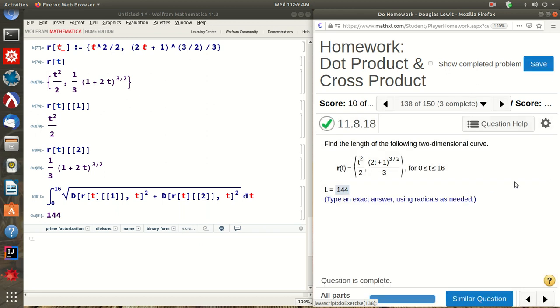You have some problems at the end of this section that deal with something called arc length parametrization.